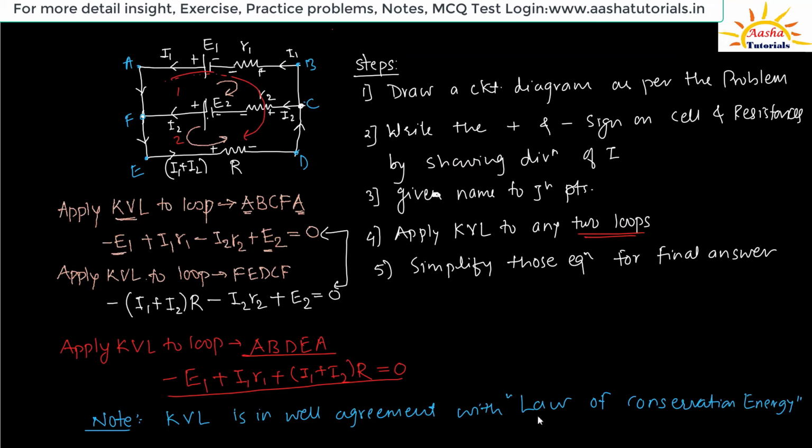You already know that energy can't be created or destroyed, it only transfers from one body to another. So the voltage law is in well agreement with the law of conservation of energy, and the current law is in agreement with the law of conservation of charge.